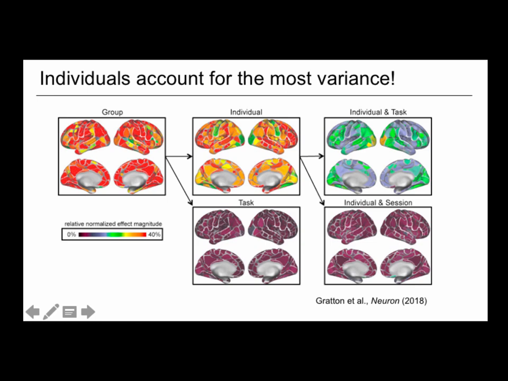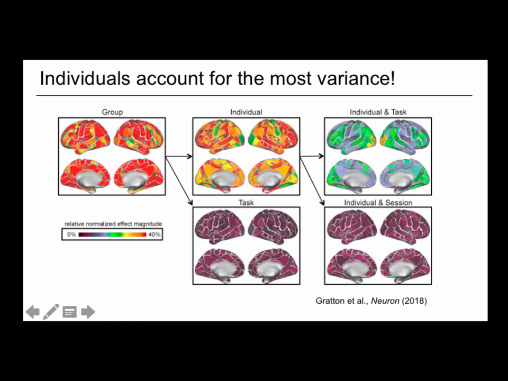And so there's a lot of shared organization, but you can see that once you take care of that, it's actually individuals that account for most of the variance here. So there's a lot more variance associated with individual, for example, than with the task that people are doing, which again recapitulates what we saw with the identification or the fingerprinting experiments. And there are some interesting interactions between individual and task.